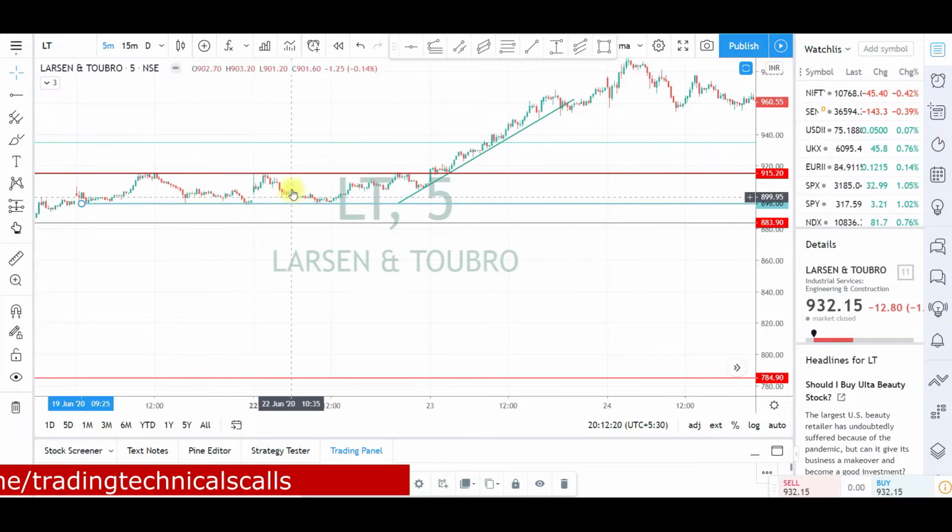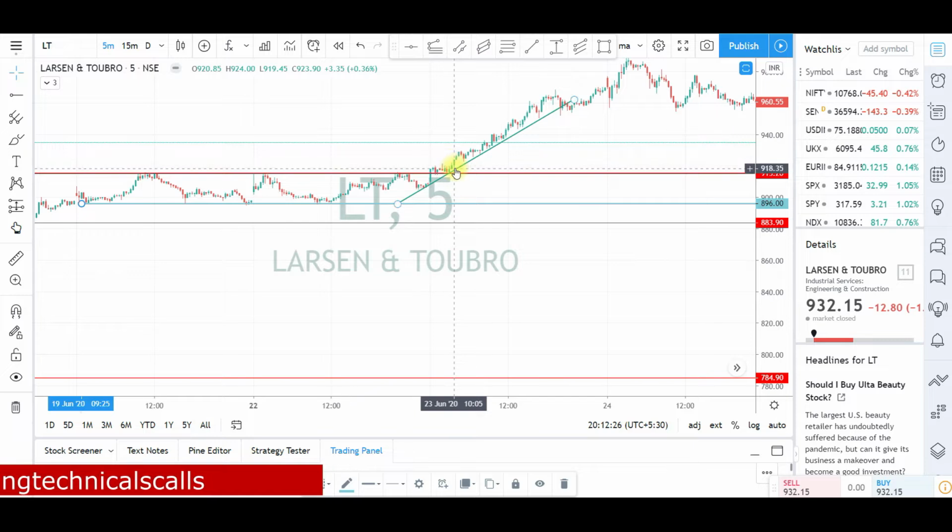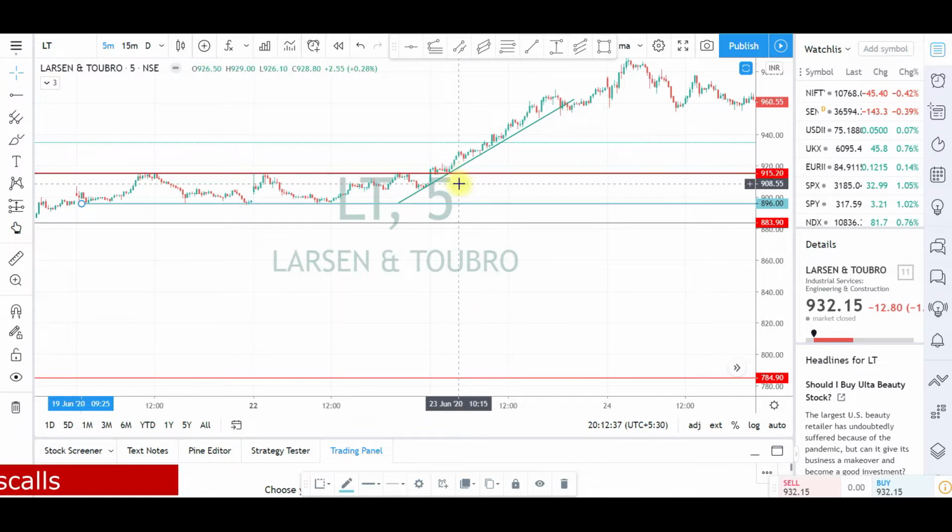This is one movement. This was a range which was being played, and when the breakout has happened here, what would be my entry point? My entry point would be this.